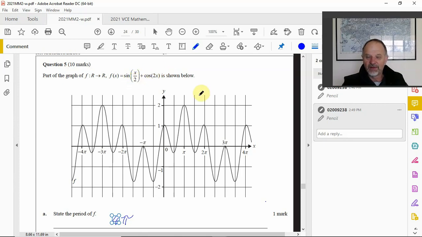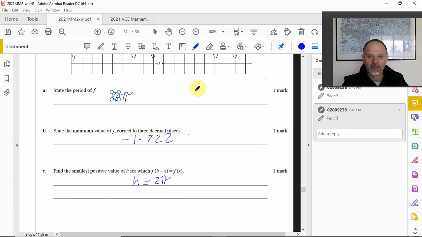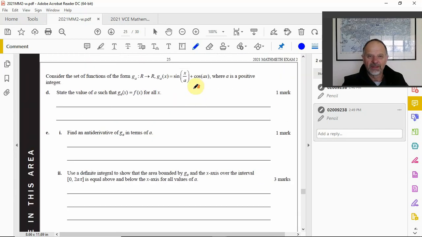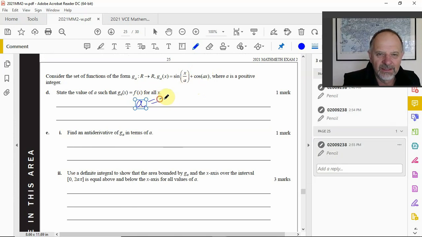In this case, they're both 2's. So when you compare that to here, x on a, ax, those numbers are the same. In f(x), that was 2. So all you need to do is compare those equations, and so a is 2.